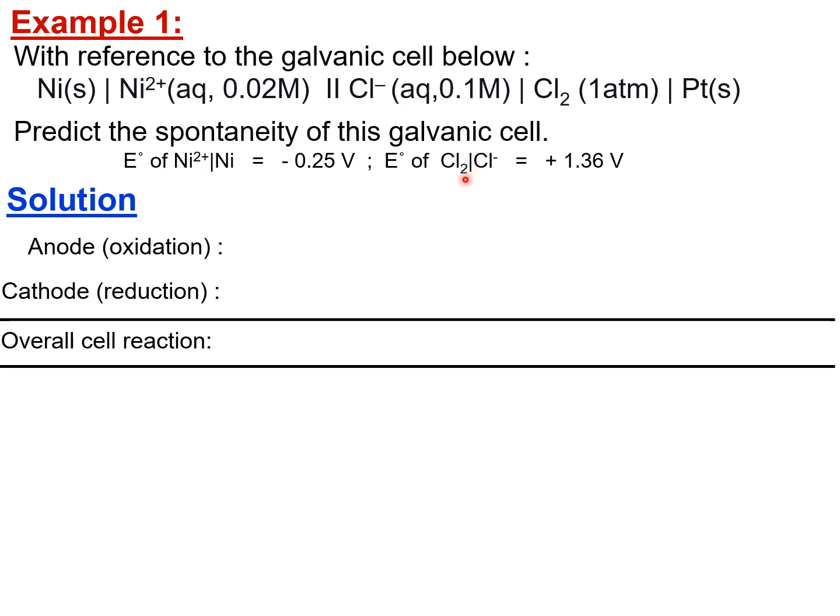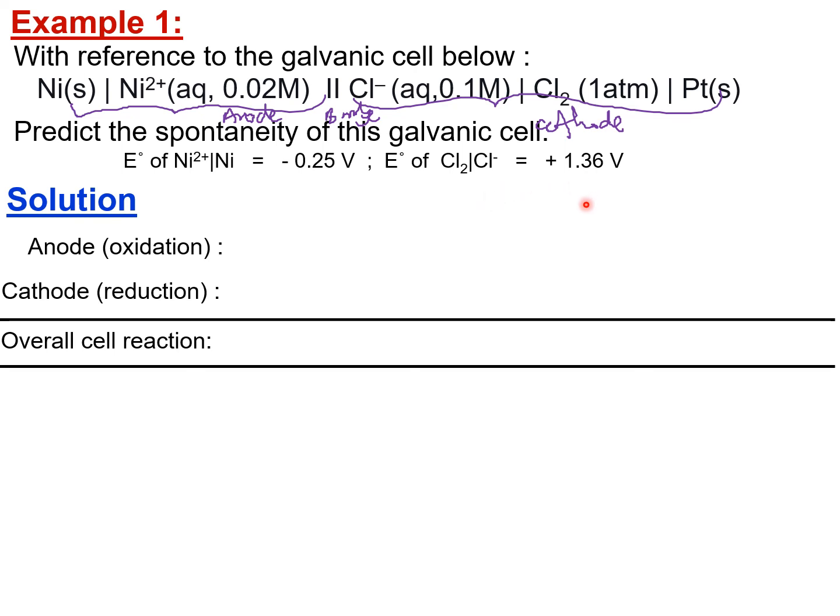Okay, so now, if you look at this cell notation, you will know that this part belongs to the anode. This is the bridge, and then this part belongs to the cathode. Now they have given the SRP values for nickel and chlorine.